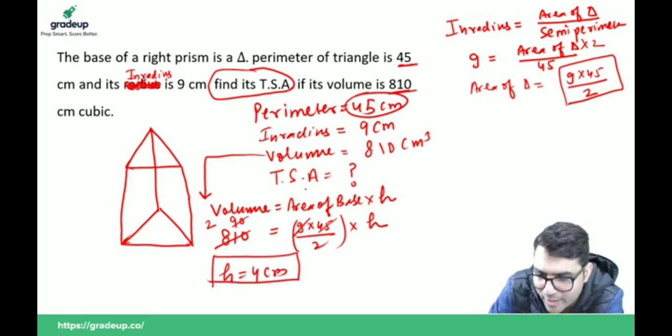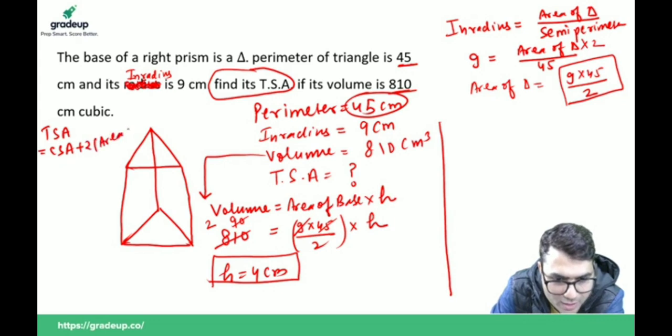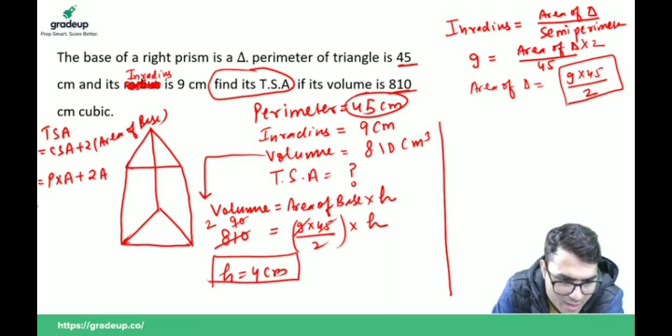What we have to find? We have to find the total surface area, and as you all know, the formula of the total surface area is curved surface area plus twice of area of base. Alright, so curved surface area is what? Perimeter of base into height plus twice of area of base. And perimeter is what? 45.